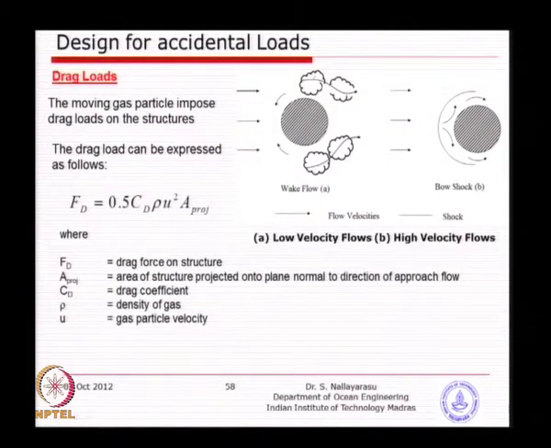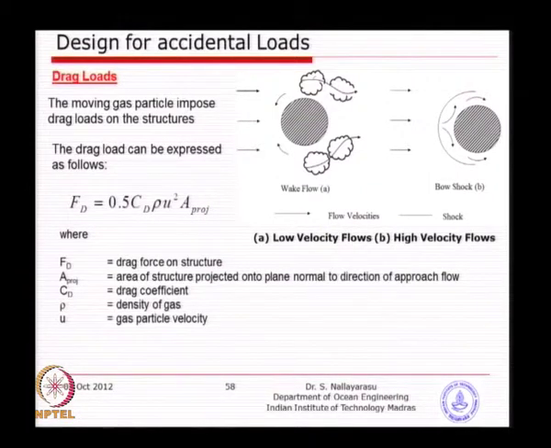As long as you know the velocity of flow, theoretically you can simulate gas flow around solid bodies or obstructions, and you can calculate the drag force. Depending on the type of object, if it is too small, mostly the flow will go around it creating a drag, and if it is slightly bigger, not too big, it may actually create a shock force, because it is an obstruction.